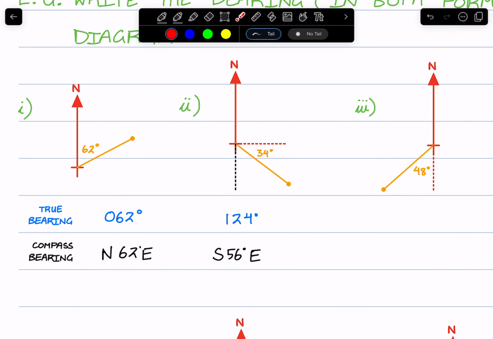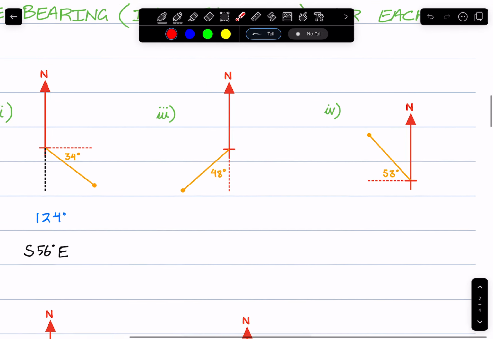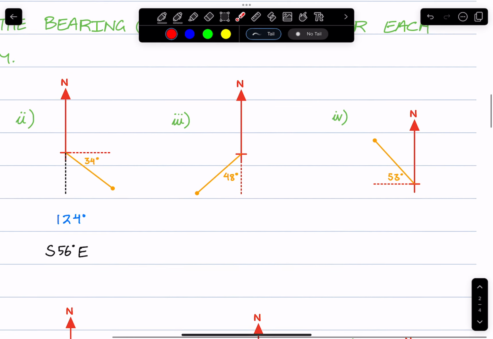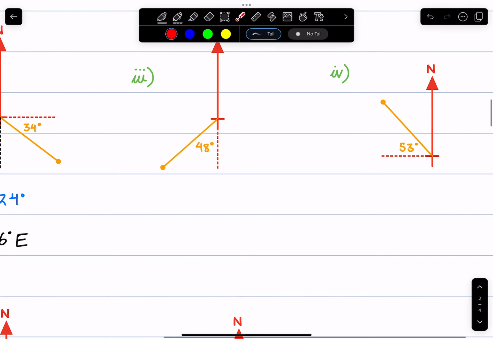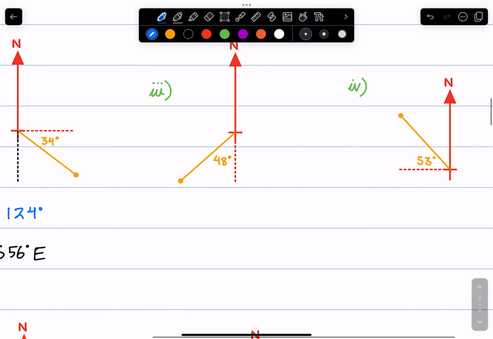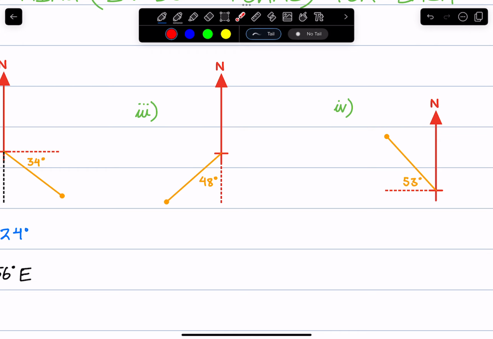Okay, let's move on to the next one. Let's start moving through these a little bit faster. You can pause at any time and give them all a go yourselves. Okay, so let's try this one. Let's do the true bearing first. Remember, true bearing, we imagine we're facing north, and we always have to go clockwise until we face that line.